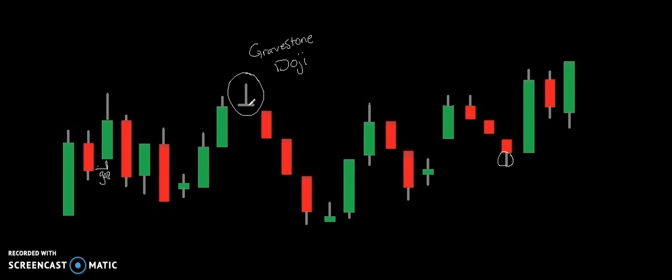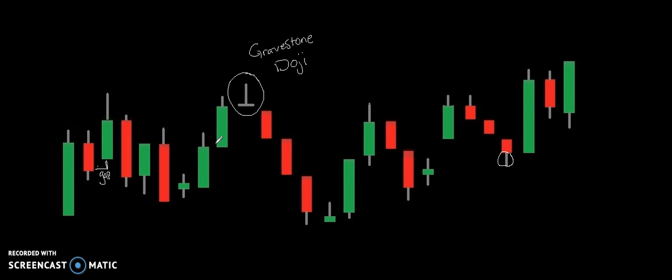It opens and closes at the same prices. A gravestone doji is a particular example that demonstrates when the stock has gone up throughout the day, the market didn't like it, people started selling, and it went back down to close at basically the same place that it opened. And that's typically something that you would see at the top of a chart.